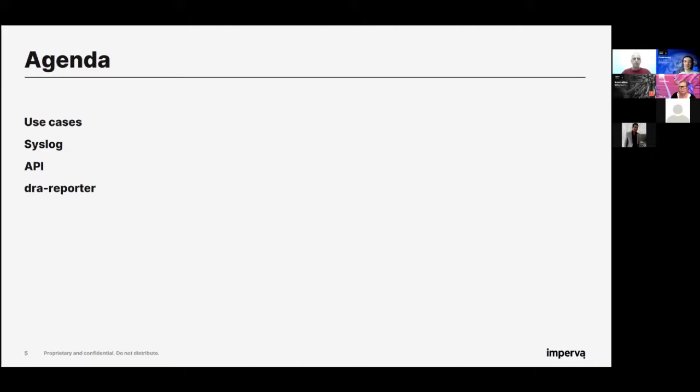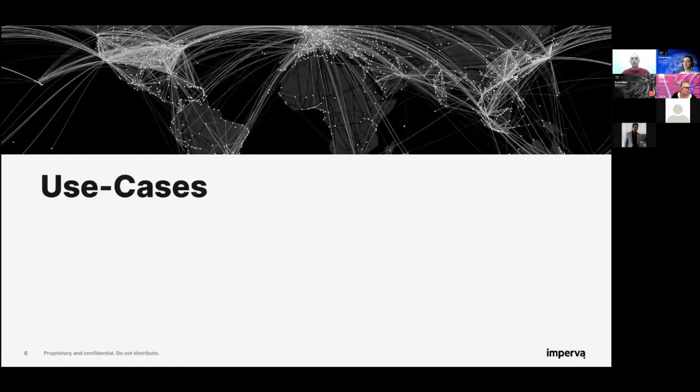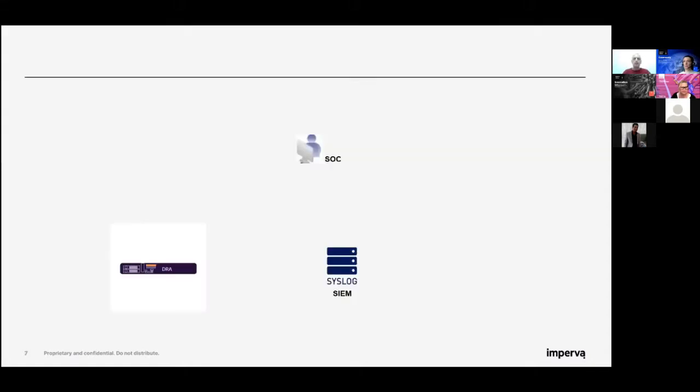Let's begin. Let's talk a little bit about use cases that we have discovered and understood talking with our customers. The first use case is that the DRA sends Syslog messages into the SIEM system. Someone from the SOC will get the information from the Syslog, and then using API, and yes, we have customers that also use the GUI in order to do these things, but here I am more focused on the API.